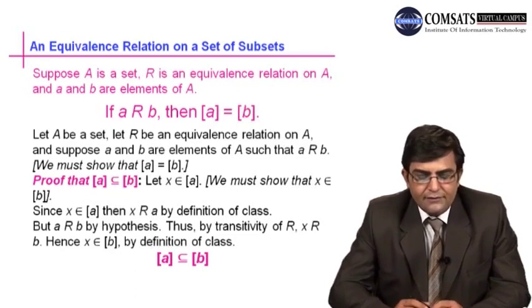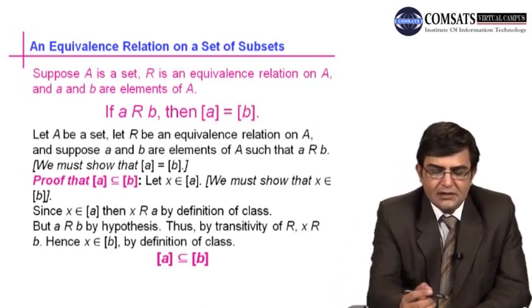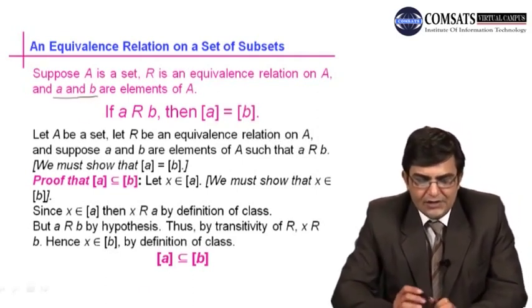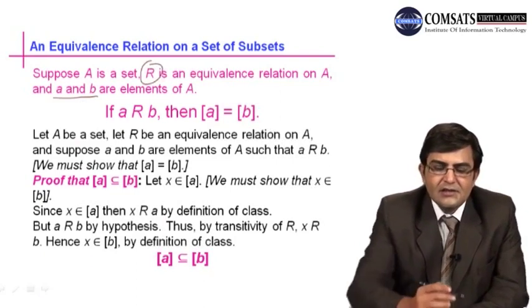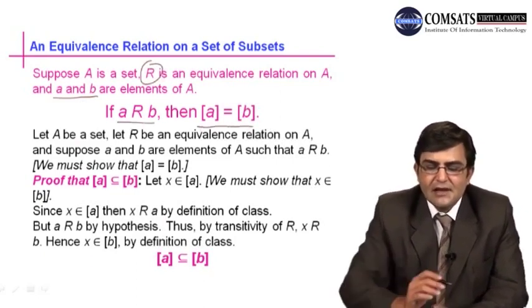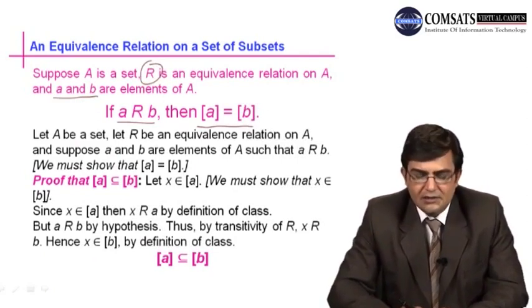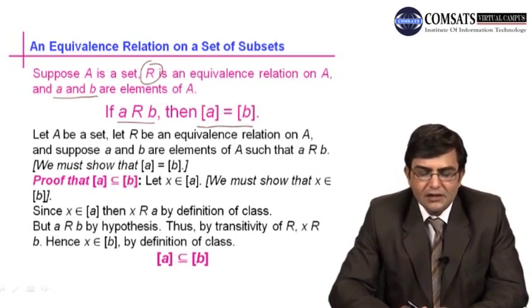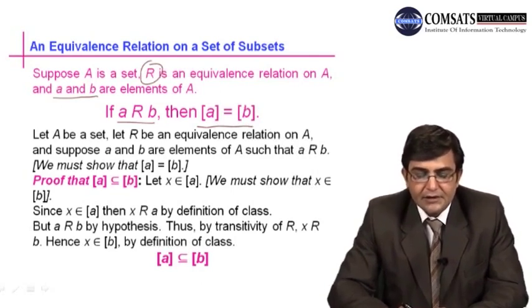Now for any two elements a and b, if a is related to b under the relation R, then the equivalence class of a must be equal to the equivalence class of b, as we have studied in the previous lecture.